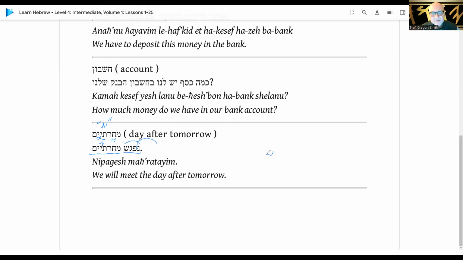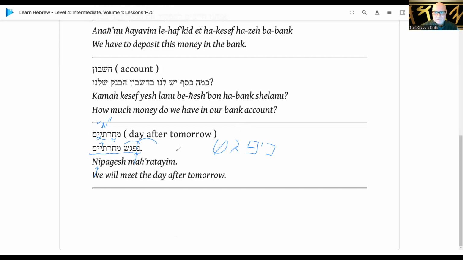So it should be like this: Nifgash. But I think they might have made a mistake here. They failed to put the yod there. נפגש. Nifgash, okay. Because they did include it here. Look at that. And that's something. Nifgash. נפגש.